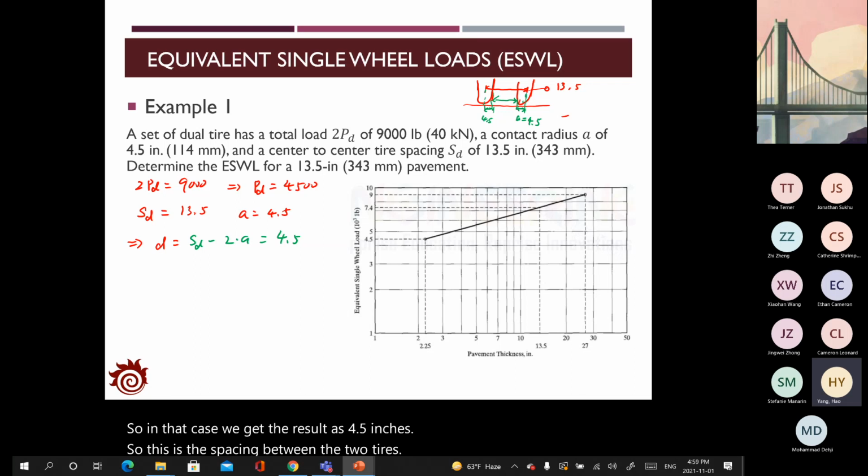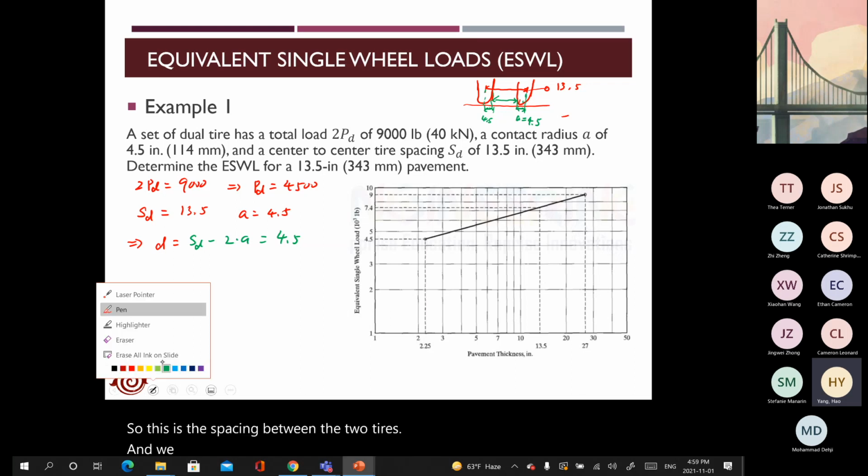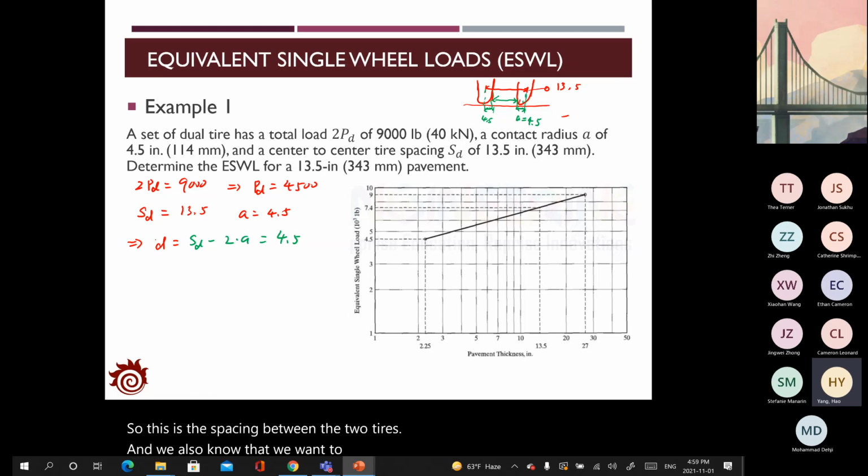And we also know that we want to find out the ESWL at the thickness of 13.5 inches.